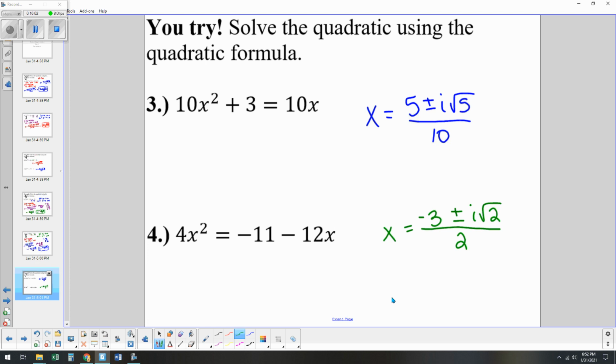All right, so we get x is 5 plus or minus i radical 5 all over 10, and we get x equals negative 3 plus or minus i radical 2 all over 2. And that is our lesson for solving quadratics using the quadratic formula, getting imaginary solutions.